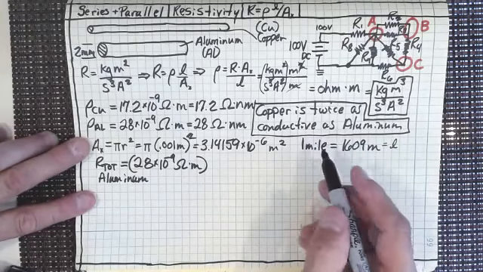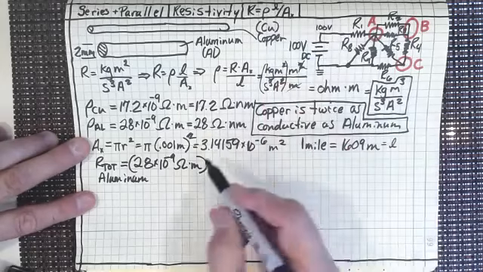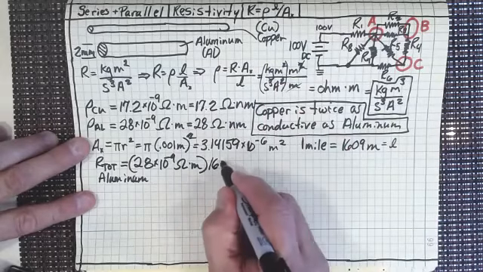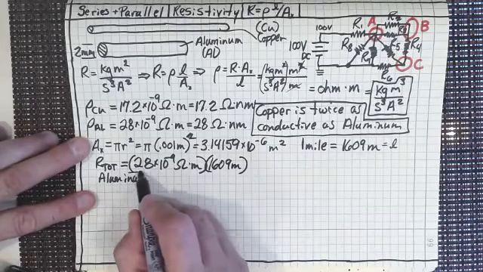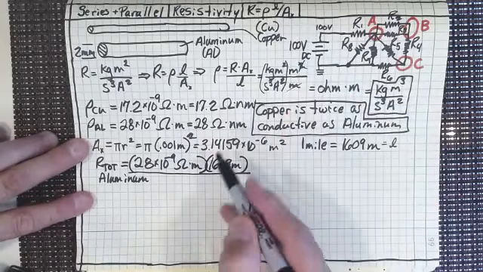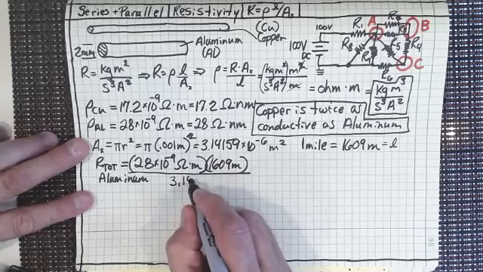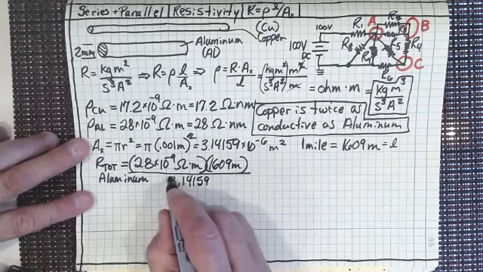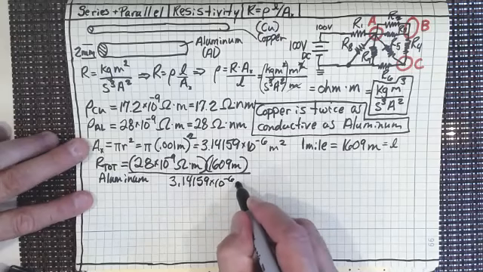No. So our total resistivity times the length, now that's 1 mile, so 1,609 meters, divided by the cross-sectional area. And this is a really small cross-sectional area, so 159 times 10 to the minus 6 square meters.